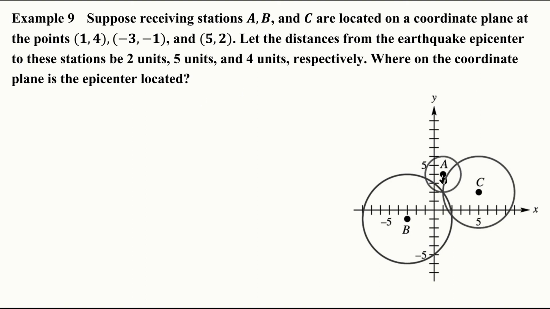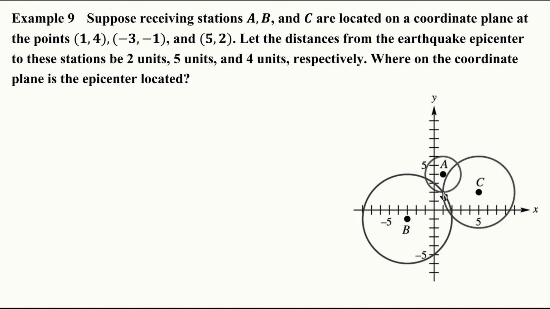If you think about it, if you draw a circle at each of those stations of a radius given, like for example for A, draw a circle of radius 2, for B, draw a circle of radius 5, and for C, one of radius 4, because that's what the distance was from the epicenter for each one.